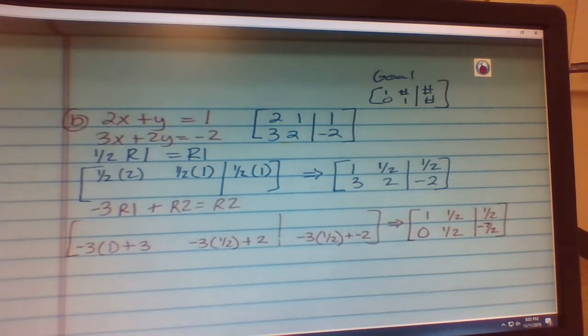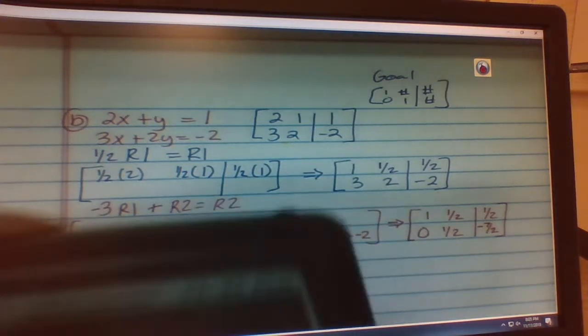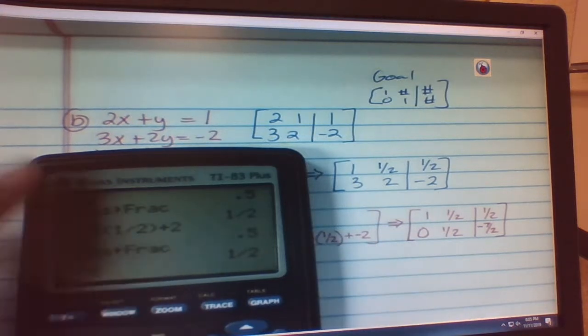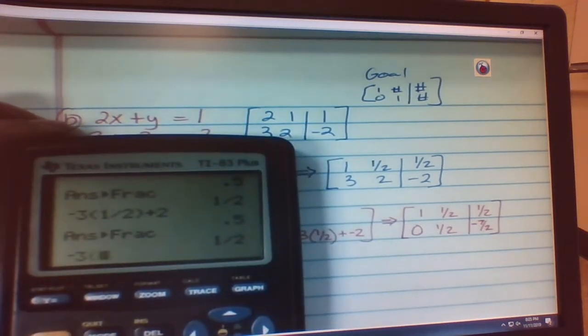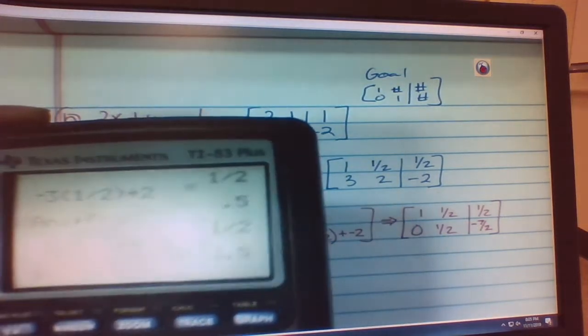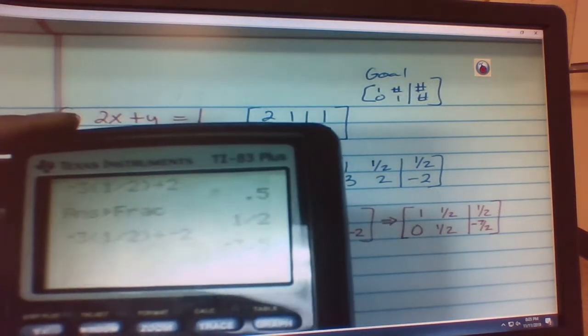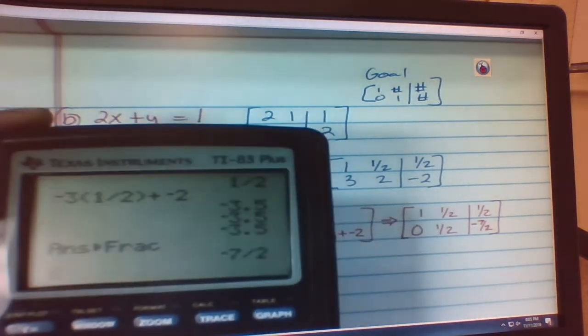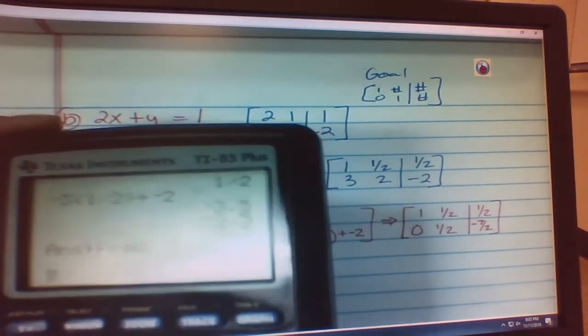Can I see your calculator? It's because it's a -2. So -3 parentheses 1/2 plus a -2. You see the -3.5? Math, enter. There it is, -7/2.